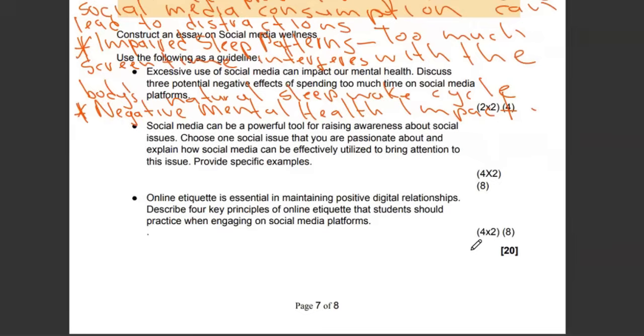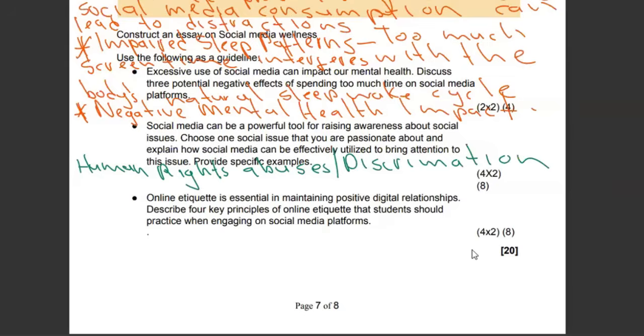So you can choose any social issue, for example, human rights abuses or discrimination. You can actually use social media to address this. How do you do that?